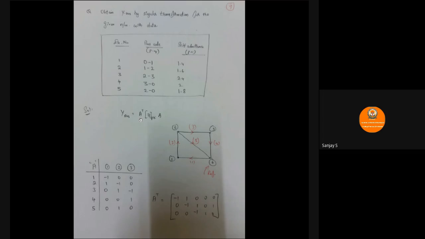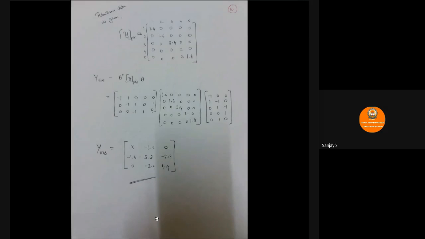So for our formula, we need A transpose. Take the transpose of the A matrix to get A transpose. Next, we need Y primitive. Generally, to write primitive matrices, first we write down Z primitive, take the inverse of that to get Y primitive.